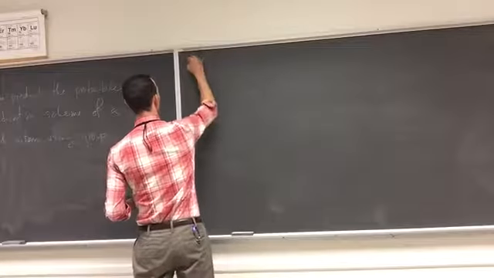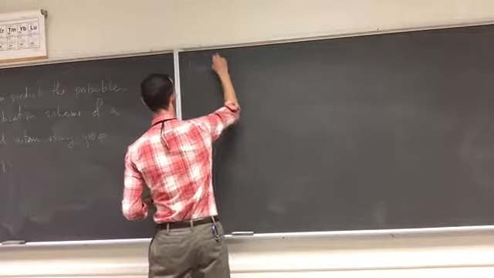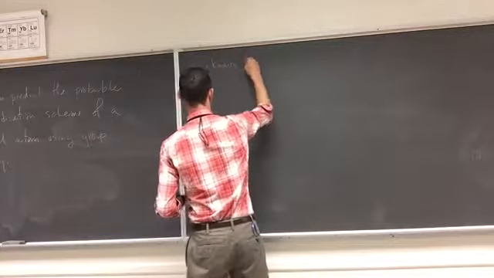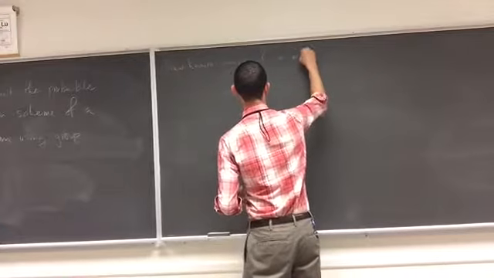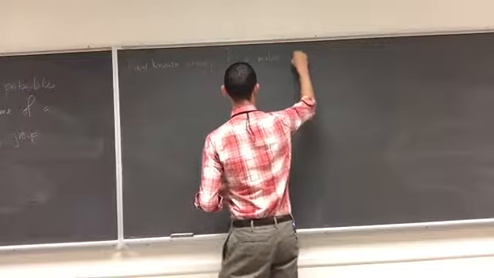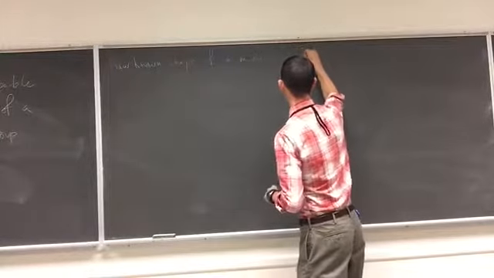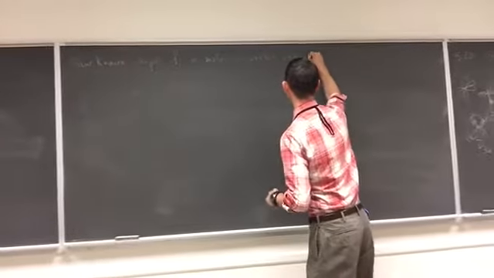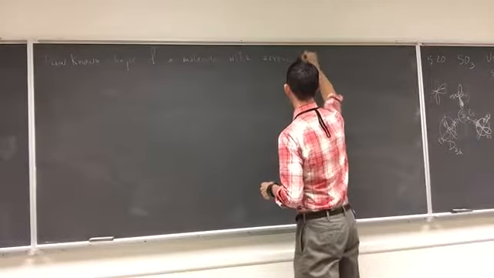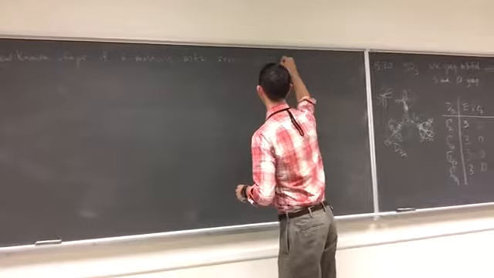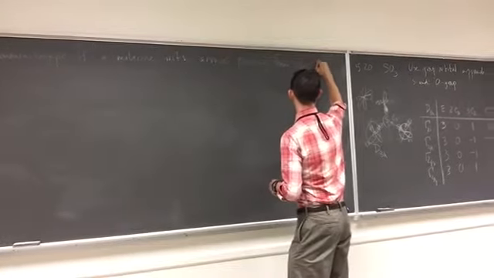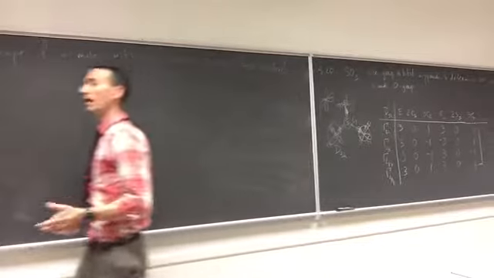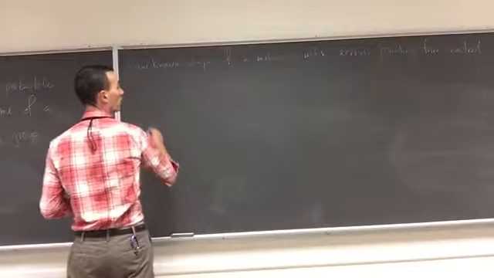So to do this, you're going to draw the known shape of a molecule with arrows or vectors pointing from the central atom to where the exterior atoms are.